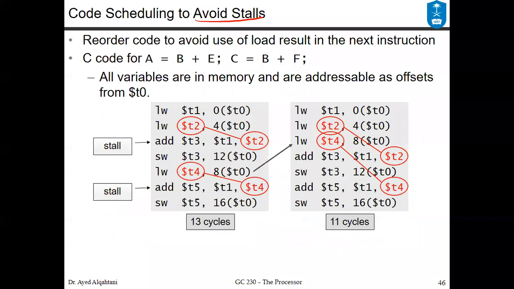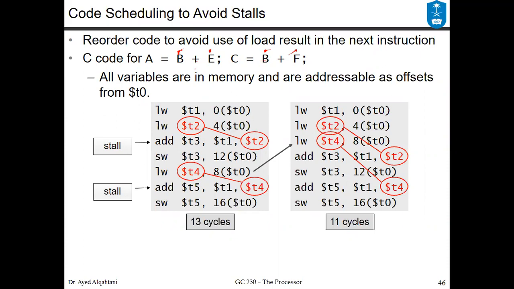And this is what happens in this code. Assume that this code is doing A equal to B plus E and C is equal to B plus F. So in this code, you need to load those operands, and B is shared.